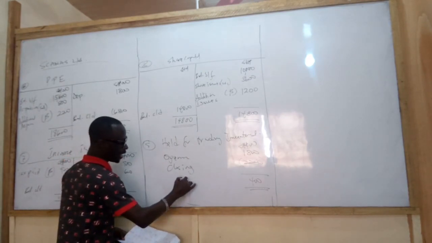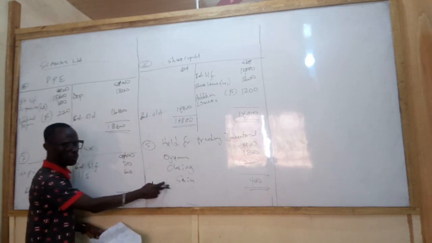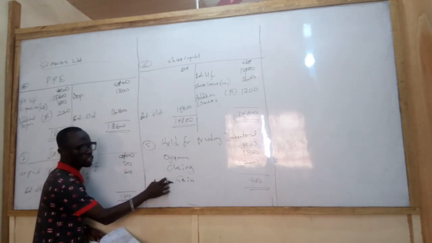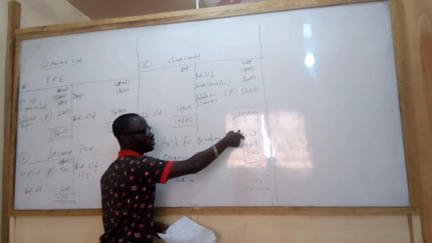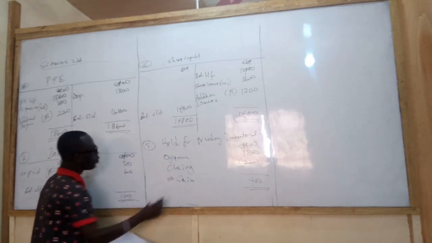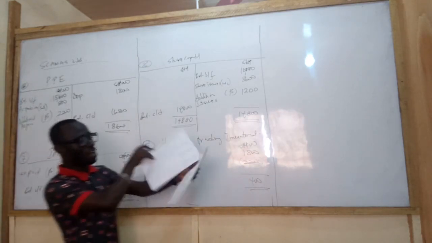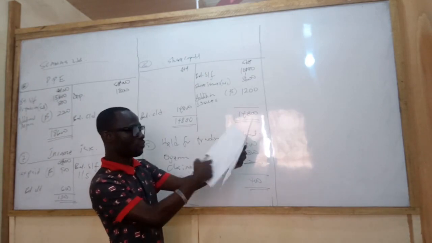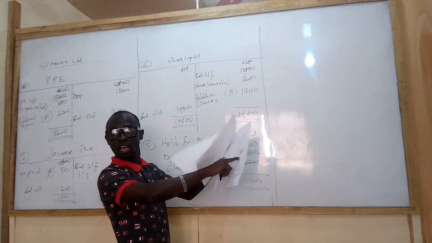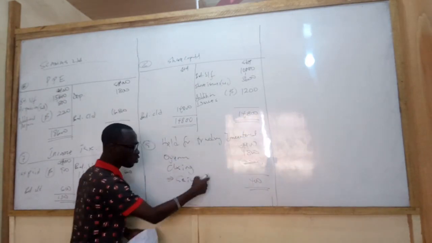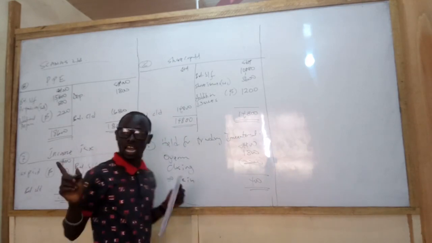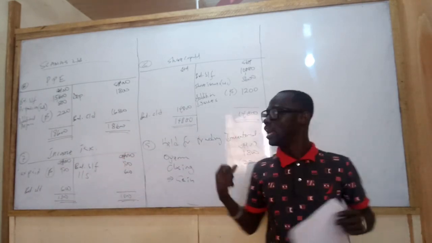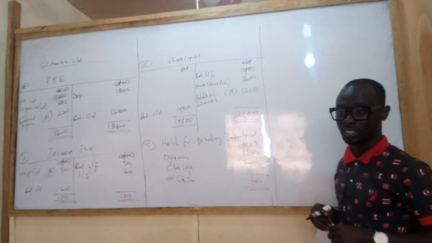So why did we do this? We did this because if there is held for trading, then this 400 was added in deriving the total profit for the year. Are you getting it? So we need to go and subtract it in our cash flow statement under the operating activities.